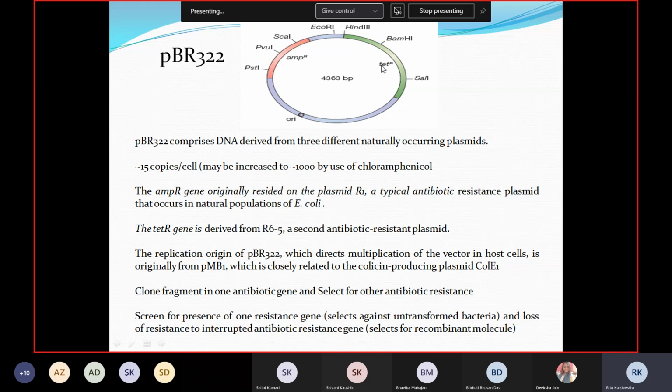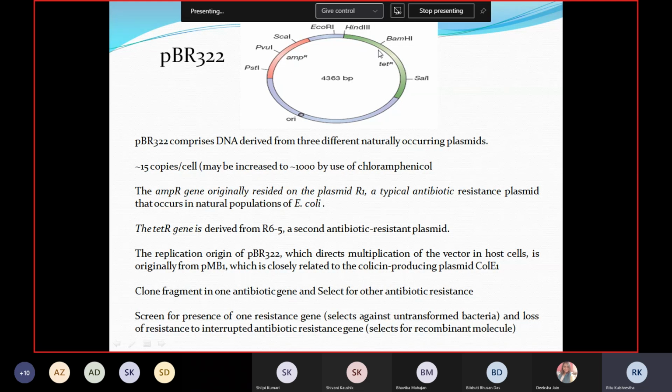So in this, how cloning was done and how selection was done is what I want to introduce you to. Here you know that there are two different antibiotic resistance genes, and each of these has some restriction enzyme site.